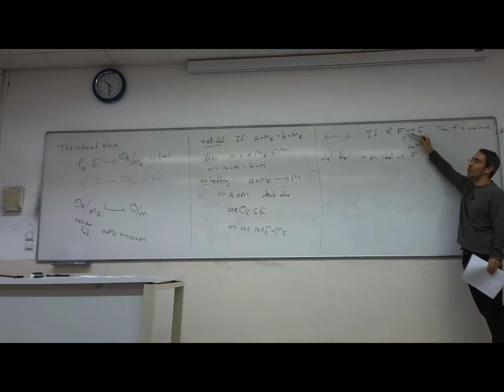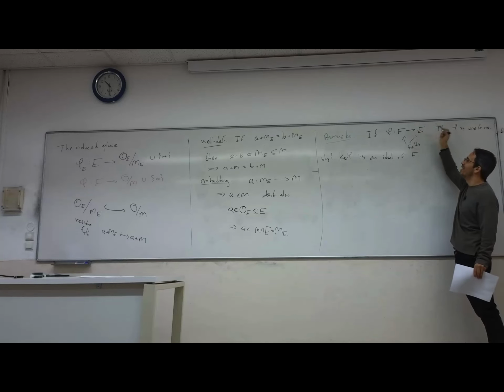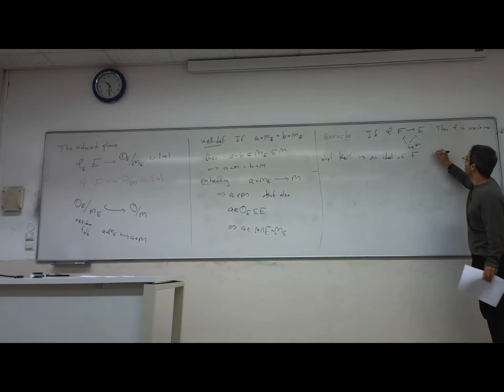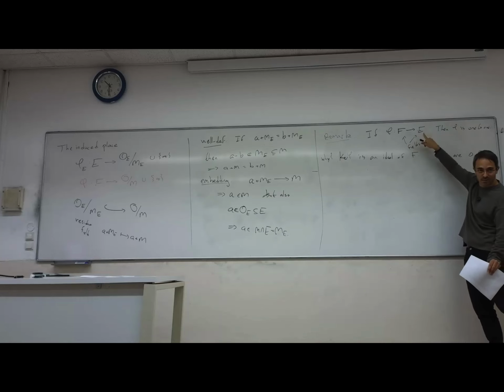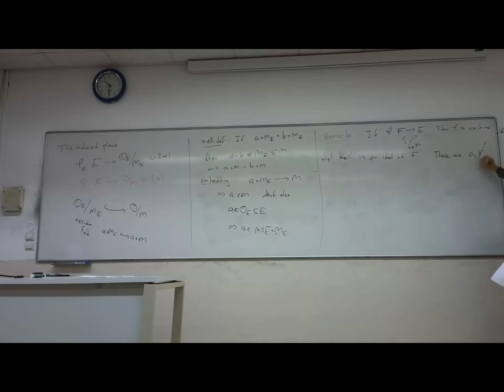So who are the field's ideals? Right. These are 0 and F. These are the two ideals that a field has. But 1 goes to 1, so it can't be all of F. Not everything in F goes to 0 because 1 goes to 1. So that rules out that everything goes to 0.